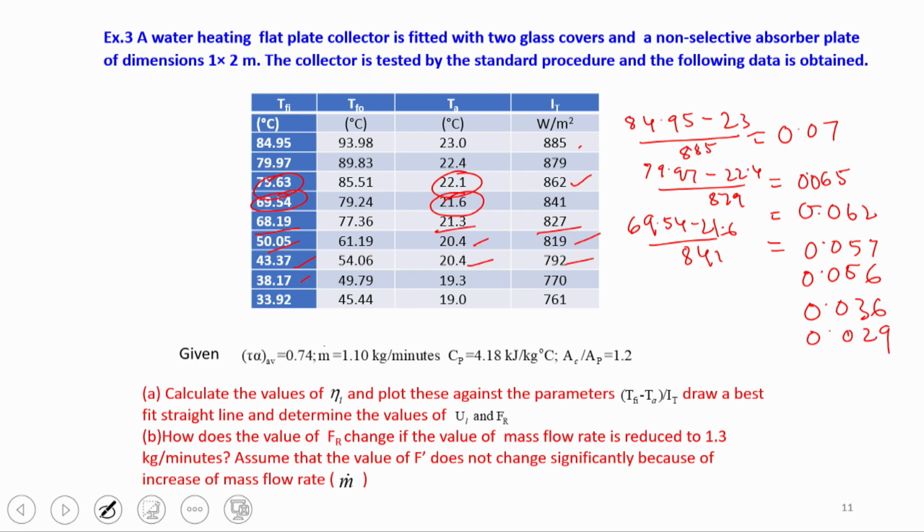Then 38.17, and the last part 33.29 minus 19, divided by 761.